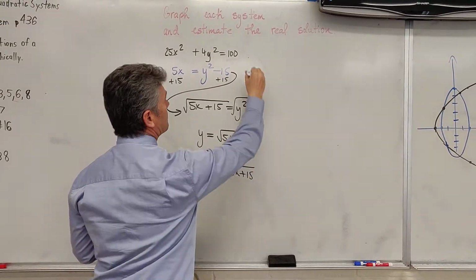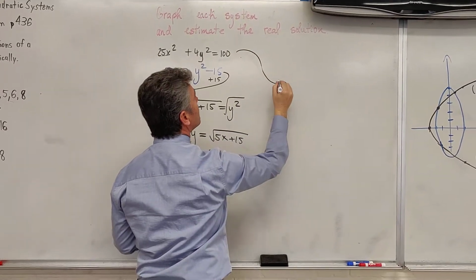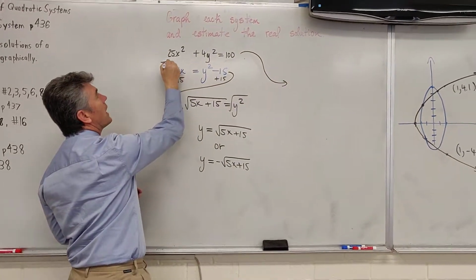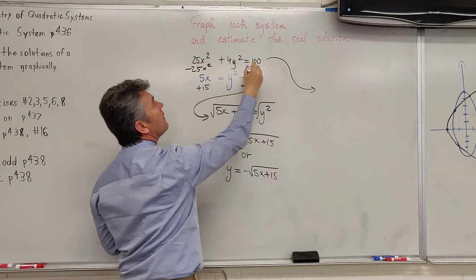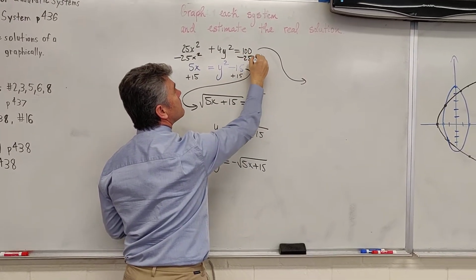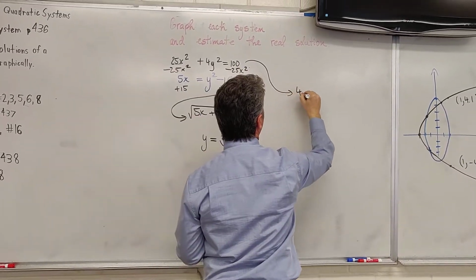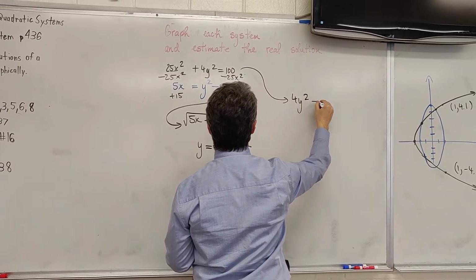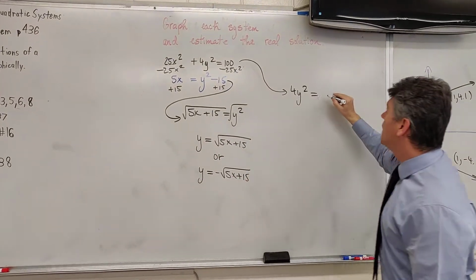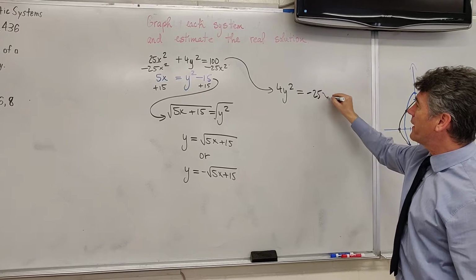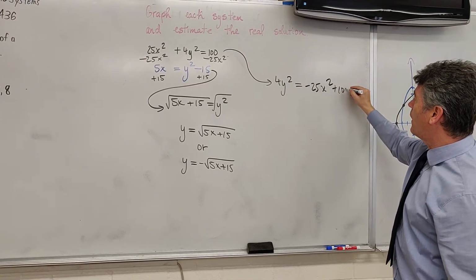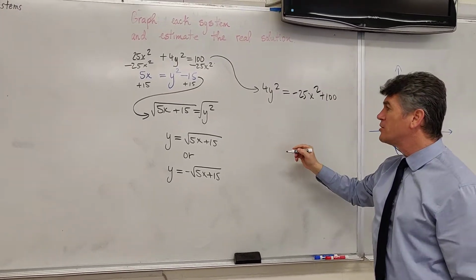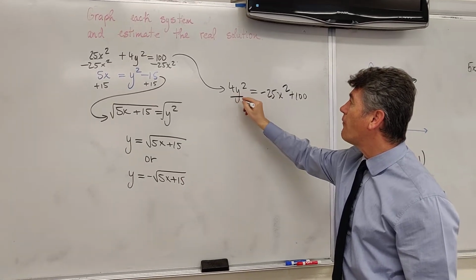We're going to take the top equation now. My first step is going to be to subtract 25x squared from both sides. So we have 4y squared is equal to negative 25x squared plus 100. My goal is to get the y by itself on one side.